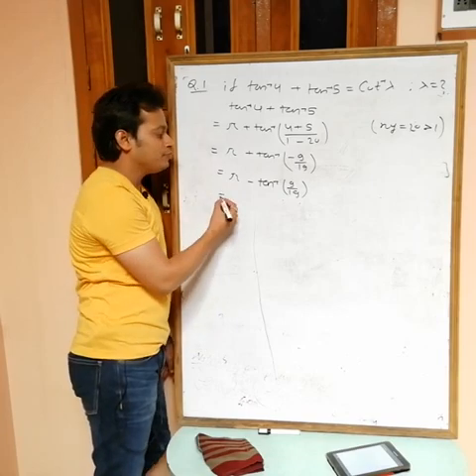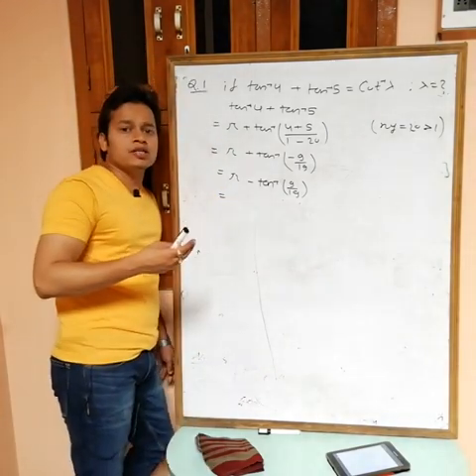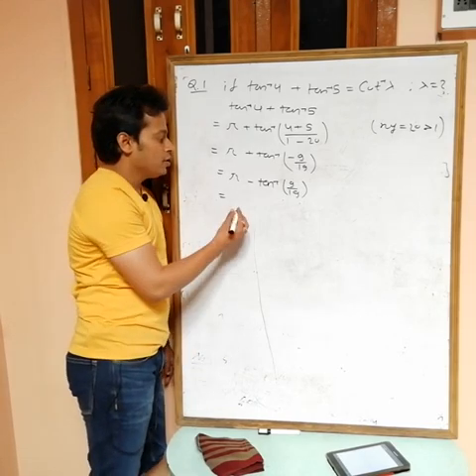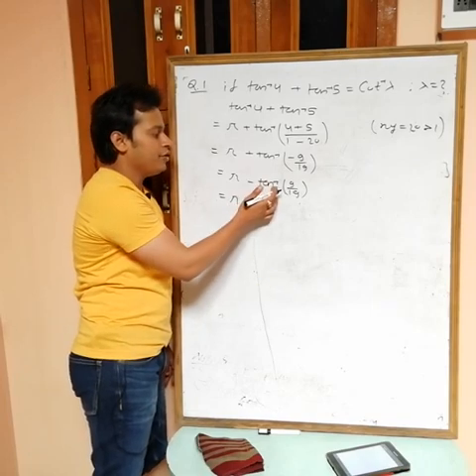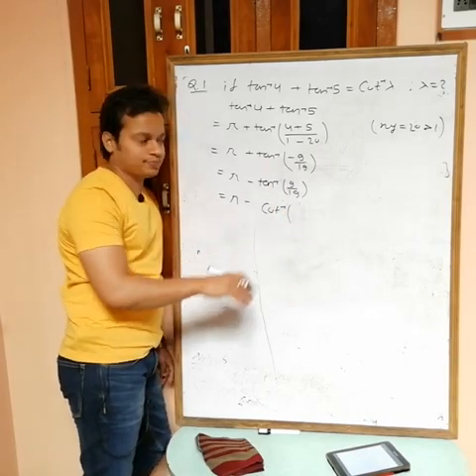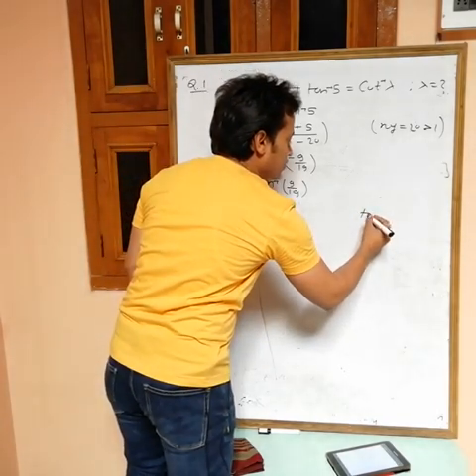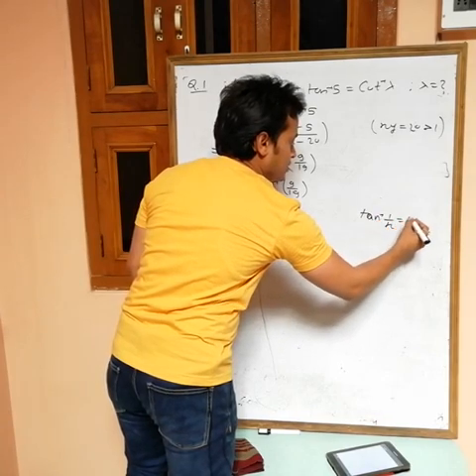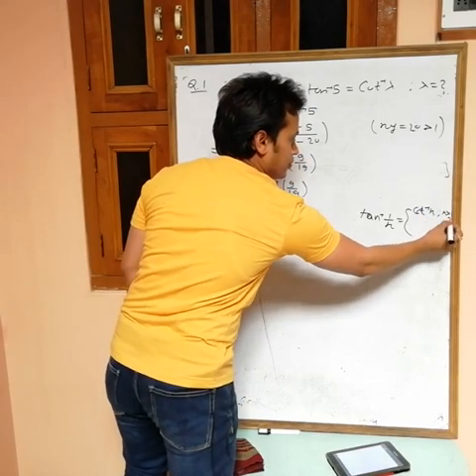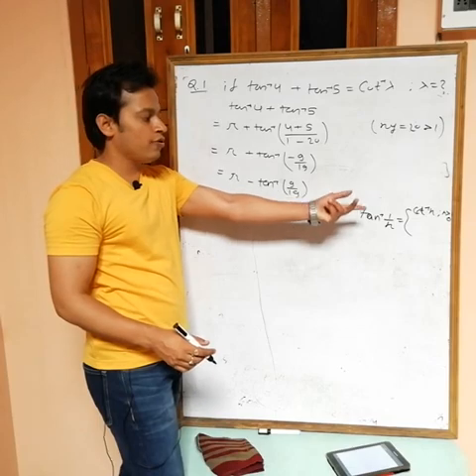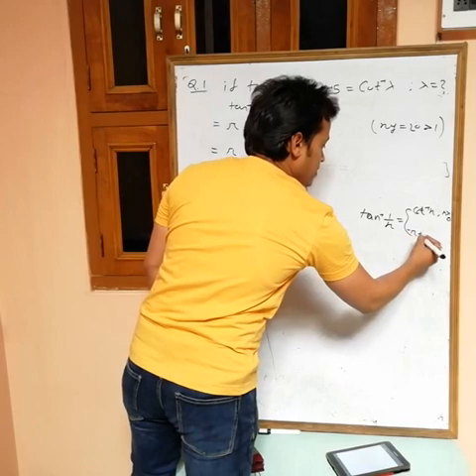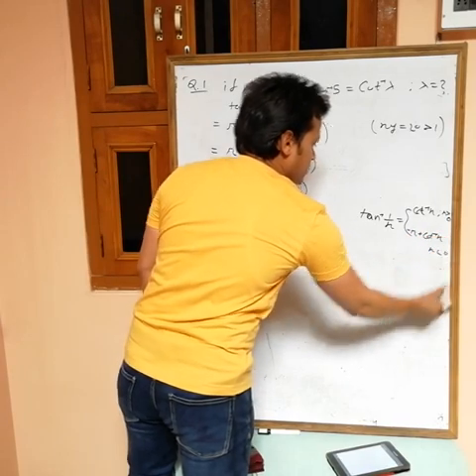We know tan inverse 1 by x is equal to cot inverse x if x is greater than 0, and minus pi plus cot inverse x if x is less than 0.